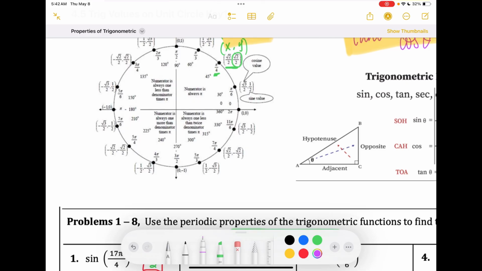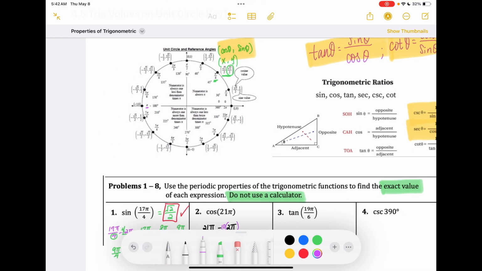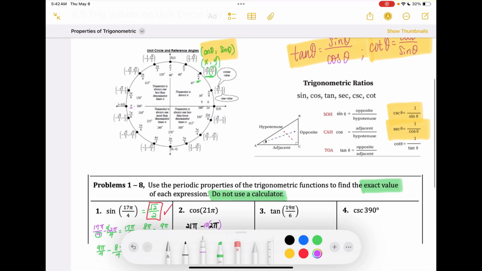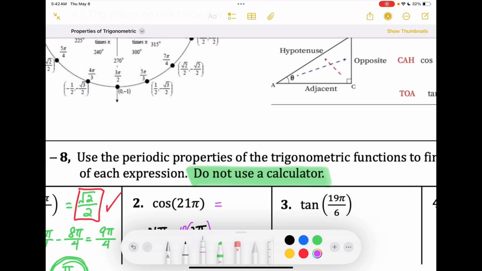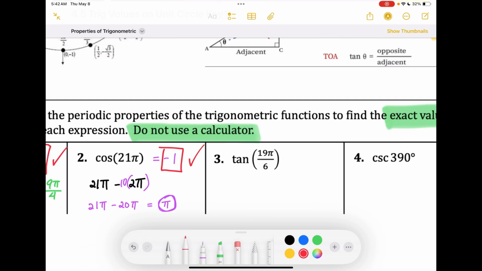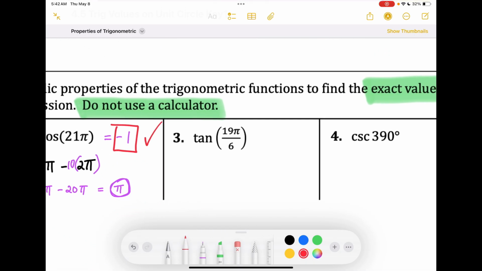Do you see pi on the unit circle? Of course, pi is right here. Because we want the cosine value, which is the first number in the parenthesis, the final answer for number 2 is negative 1. We do not need a calculator. Moving on, practice makes better.